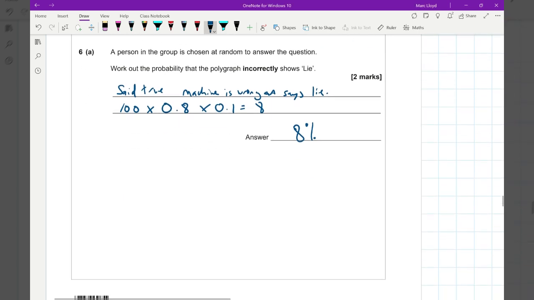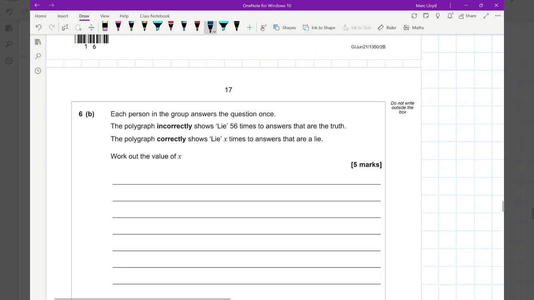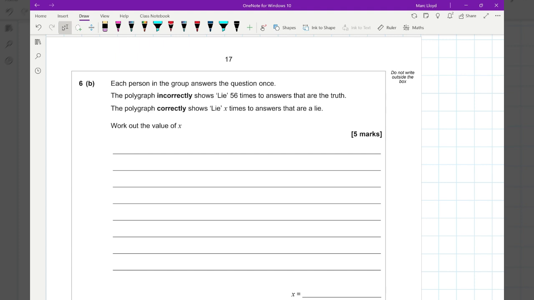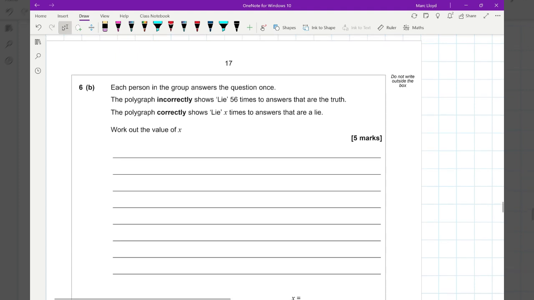Let's scroll down to part B. Each person in the group answers the question once. The polygraph incorrectly shows lie 56 times to the answers that are the truth. Okay, before I go correctly, right, so the polygraph incorrectly shows lie 56 times.